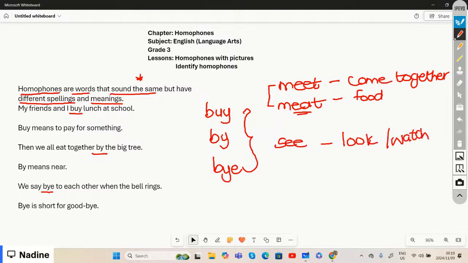And another word that sounds the same as see, what is that word? Yes, well done.